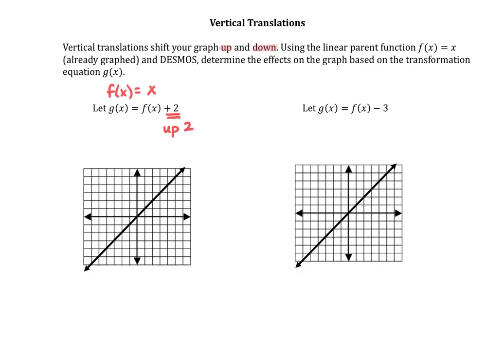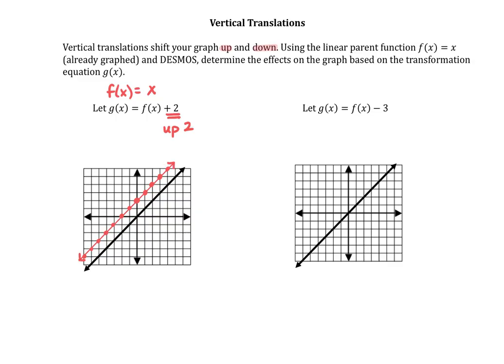And so what this does is it shifts every single point on the line up 2. So if I want to graph my new line, I could just take each point and shift it up 2. And I'm going to draw my line through there and add my arrows on each end.